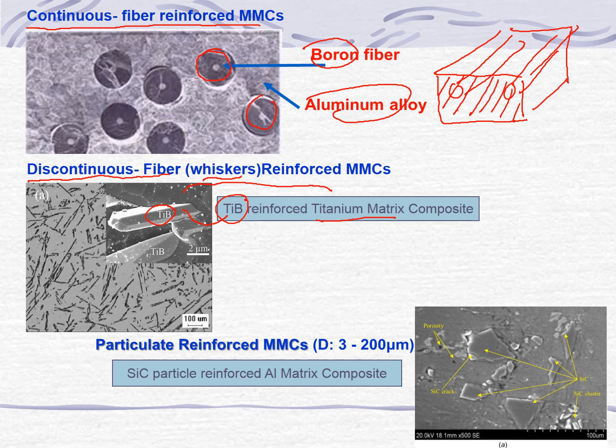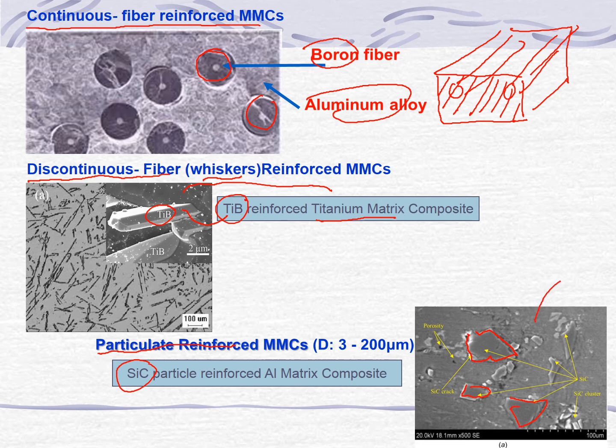Here is another example, a particulate reinforced MMC. The reinforcement is silicon carbide, and you can see the silicon carbide in various shapes and sizes, dispersed in this aluminum matrix.